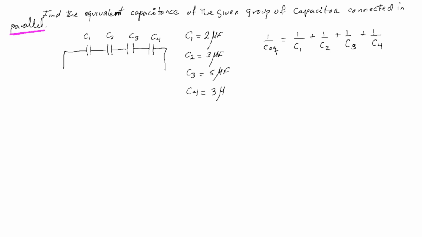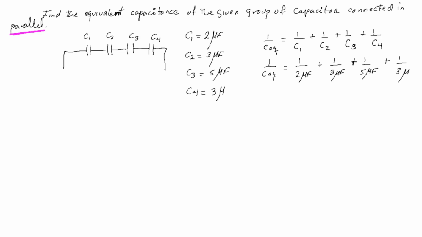If I now substitute the values, we get that 1 over the equivalent capacitance is 1 over 2 microfarads plus 1 over 3 microfarads plus 1 over 5 microfarads plus 1 over 3 microfarads.